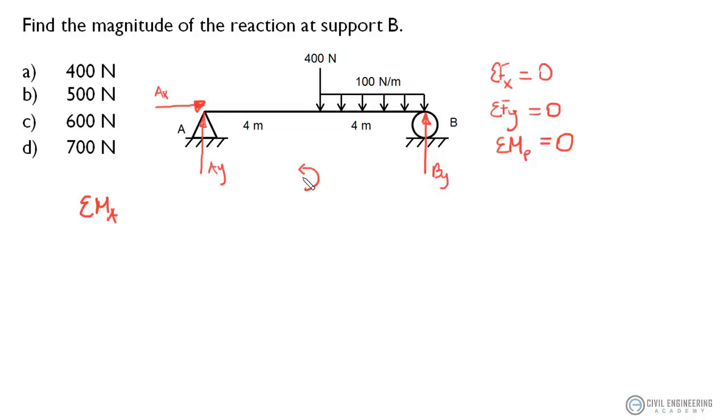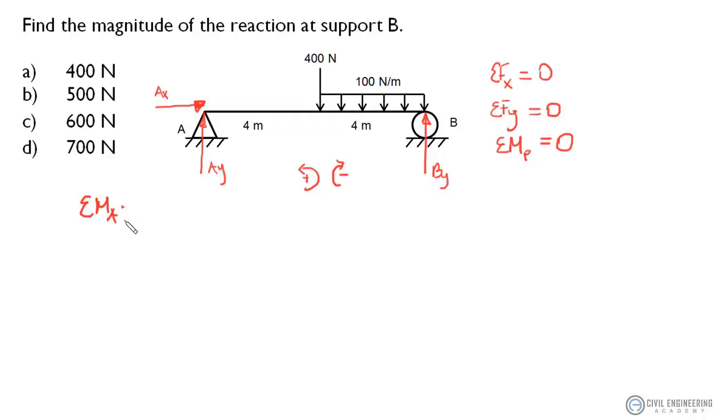It's like the right-hand rule. Anything in this direction as far as moments is going to be a positive moment, and anything going the opposite direction, again following the right-hand rule, is going to be a negative moment.